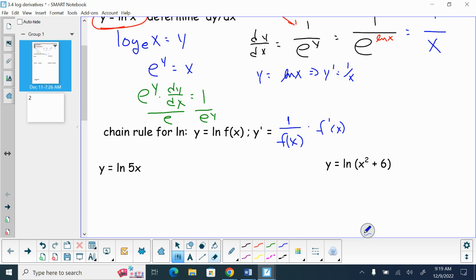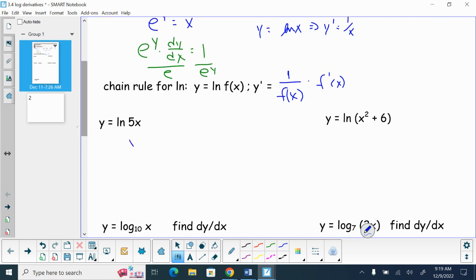So if we have y equals ln of 5x, and we want to determine the derivative, we're taking the ln of 5x, so we have 1 over 5x times the derivative of 5x, times 5. Well, we have 5 and the 5 that will cancel out. That will take us back to 1 over x.